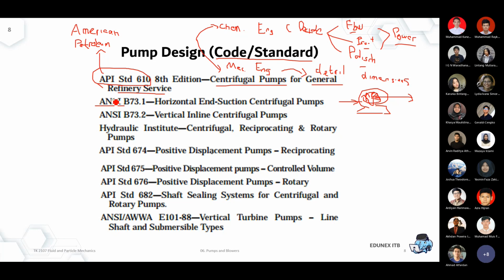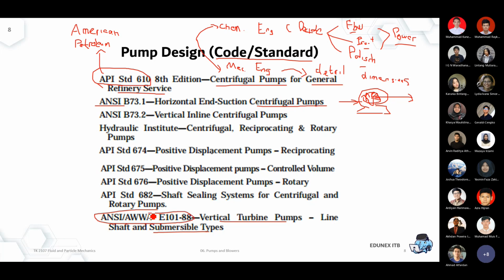A lot of water pumps and chemical pumps will be designed using ANSI for different kinds of pumps. So if you want to use ANSI, for example, for a centrifugal pump, then you use ANSI B73.1. But later if you want to use the vertical turbine pump, which is submersible, and reciprocating, almost like a piston, instead of 73.1, now the ANSI should be E101.88.